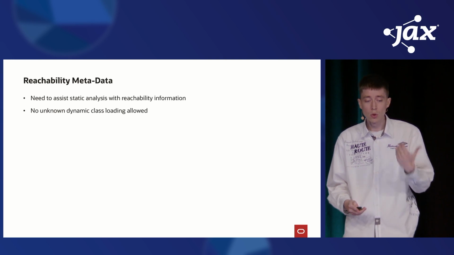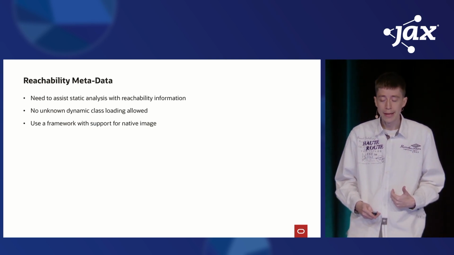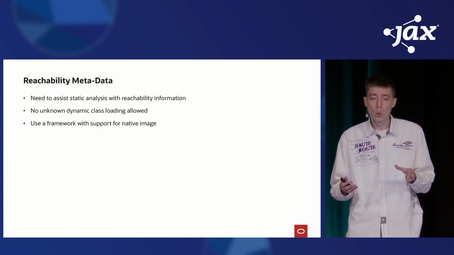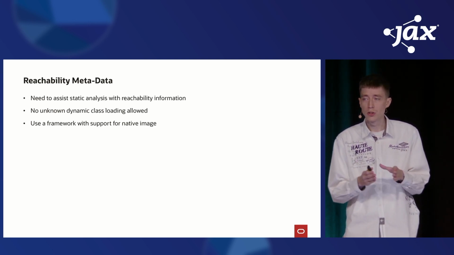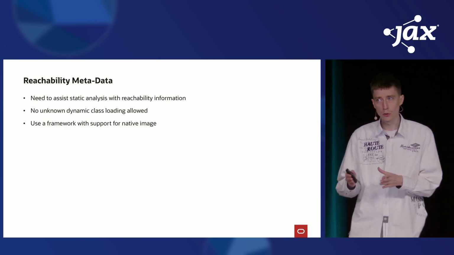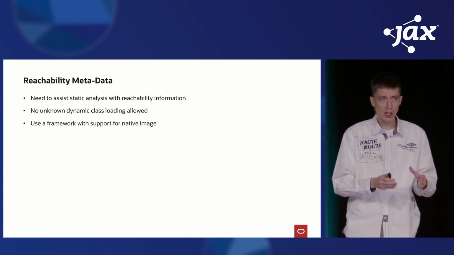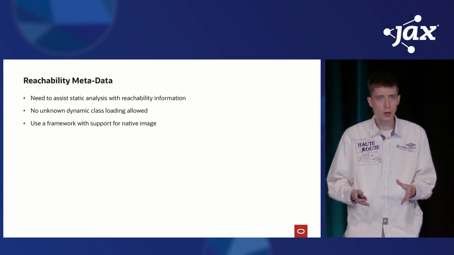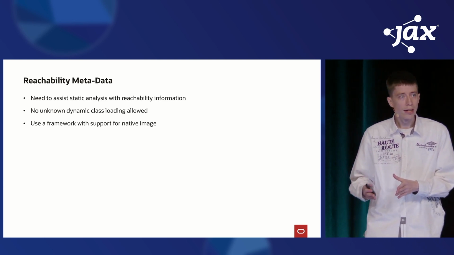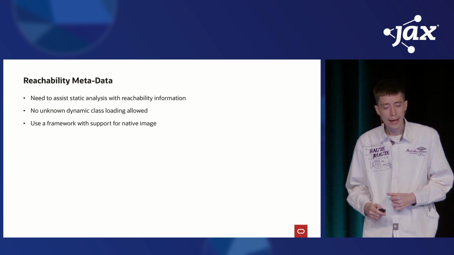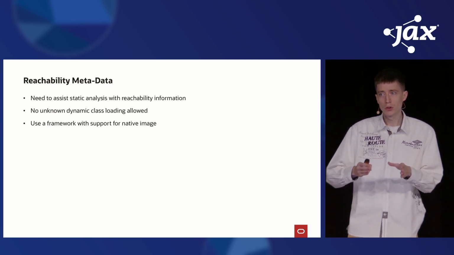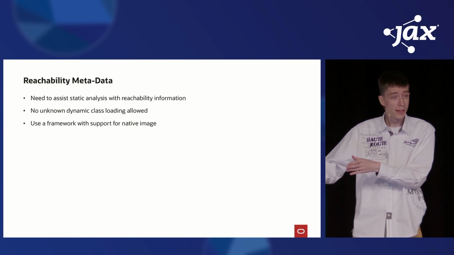So there is no unknown class loading allowed, and also no unknown reflection. Therefore, we typically recommend, when you use native image, that you use an existing framework that has support for native image. Those Java frameworks have done a lot of work to make sure that the GraalVM native image compiler gets the correct information. And so it can be very hard to use native image on an older large code base.